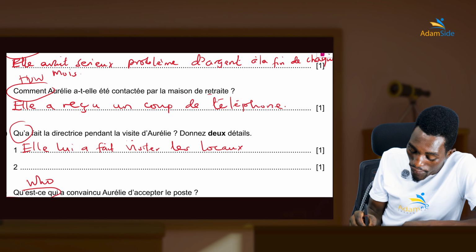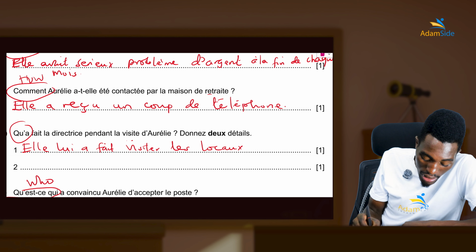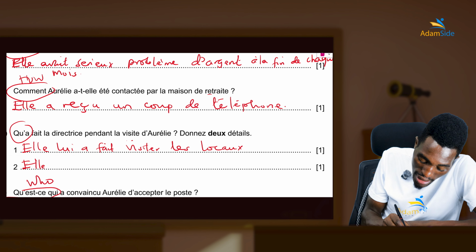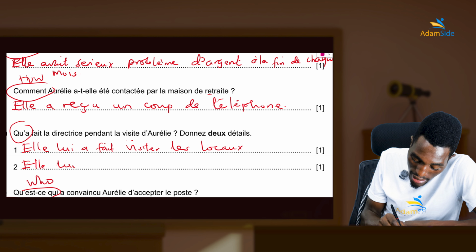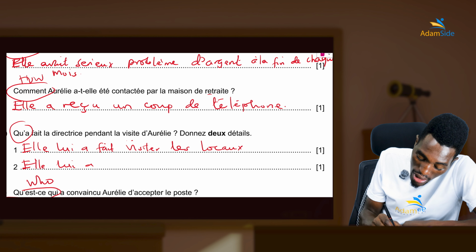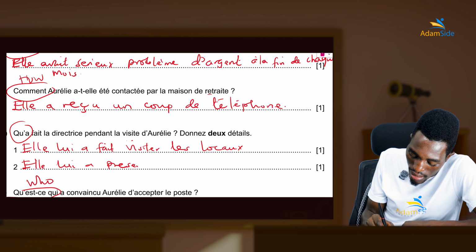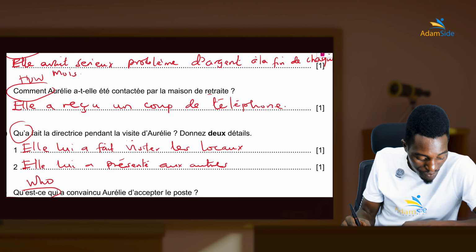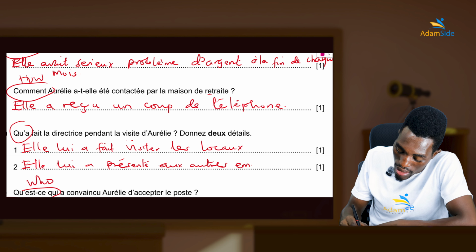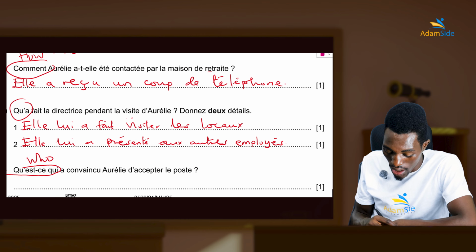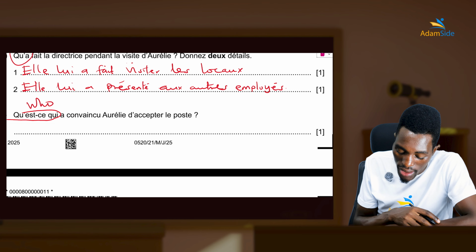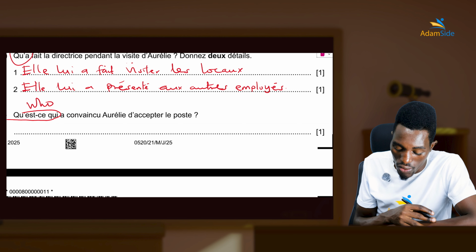Also, elle lui a présenté. She was introduced to other employés. So then we go to question E. Qu'est-ce qui a convaincu Aurélie d'accepter le poste? What convinced Aurélie to accept the post?